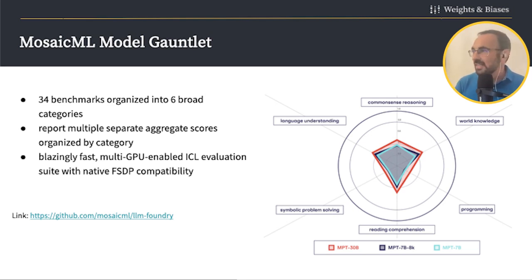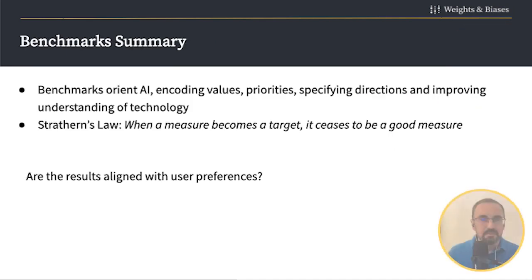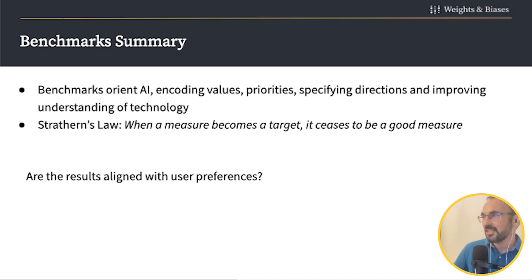So summarizing benchmarks, I think the first quote comes from the HELM paper, and I found this really insightful. Benchmarks orient AI, they encode values, they set priorities, they specify directions and help us improve our understanding of technology. I think there's a lot of value in benchmarks. If you remember ImageNet, which allowed for huge progress in computer vision, I think some of these benchmarks also allow us to progress on the language model front.